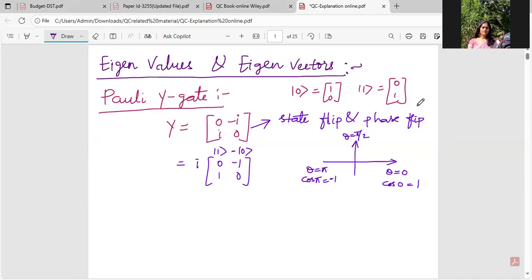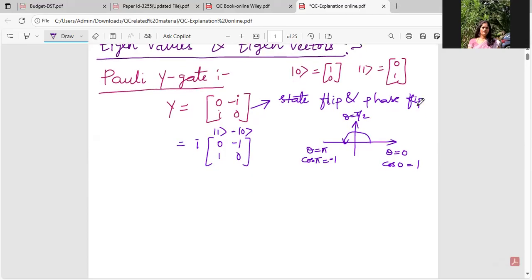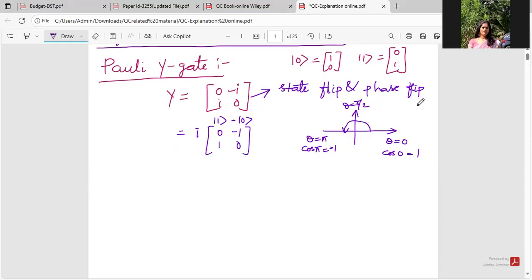Along with that, there's a phase flip as well, because I started at 0 and there's a flip of phase to pi. Hence my 1 has become minus 1. Like that, for the Y gate, to remember them, because there are too many gates, at least half a dozen in two qubit, this is the way we will interpret to remember.